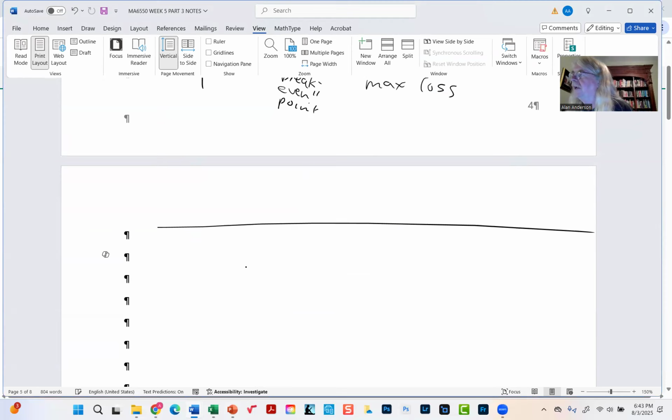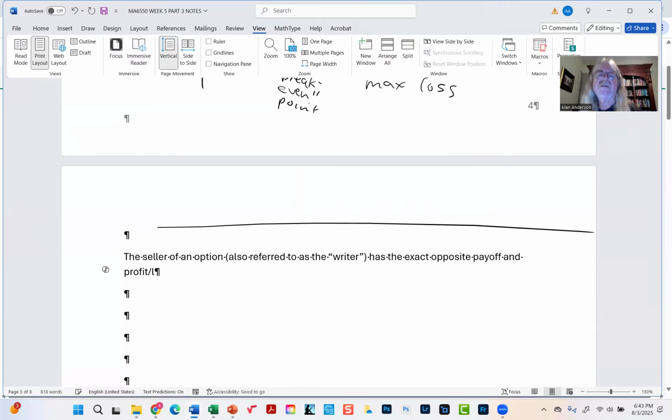Whether we're dealing with the over-the-counter market or we're going through the exchanges like the CME, the seller of an option, also referred to as the writer, has the exact opposite payoff, profit, and loss as the buyer, in the sense that between the buyer and the seller, the total profit is zero.